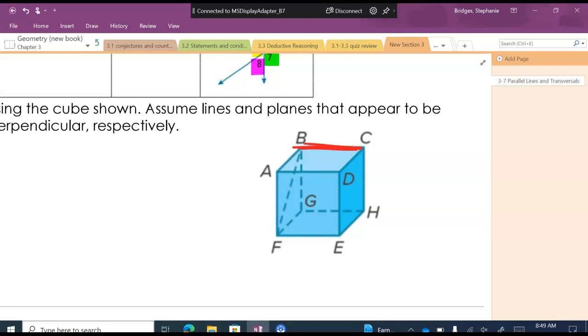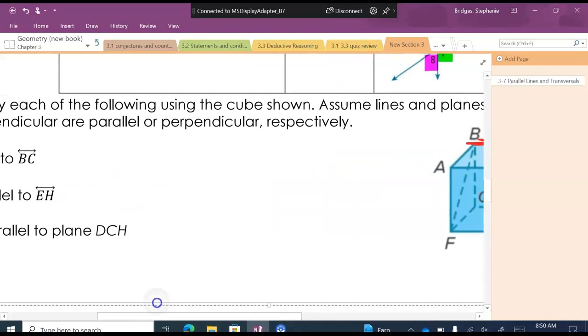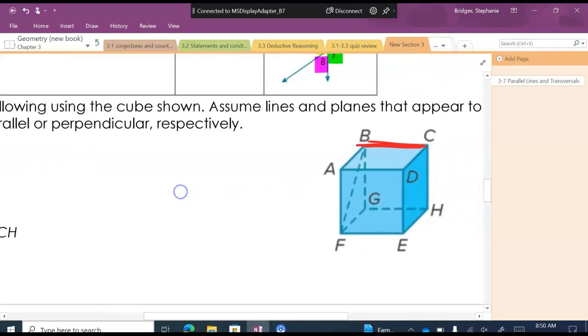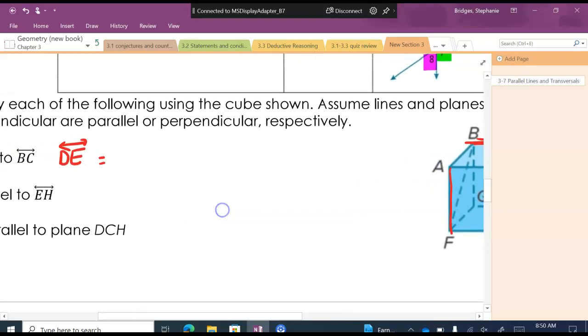Okay, so looking at that cube, what would be one line that doesn't touch BC, but also is not in the same direction? DE would work, okay. Let me write that down. So line DE. That's this one here. What else? AF is also going to be one that works.